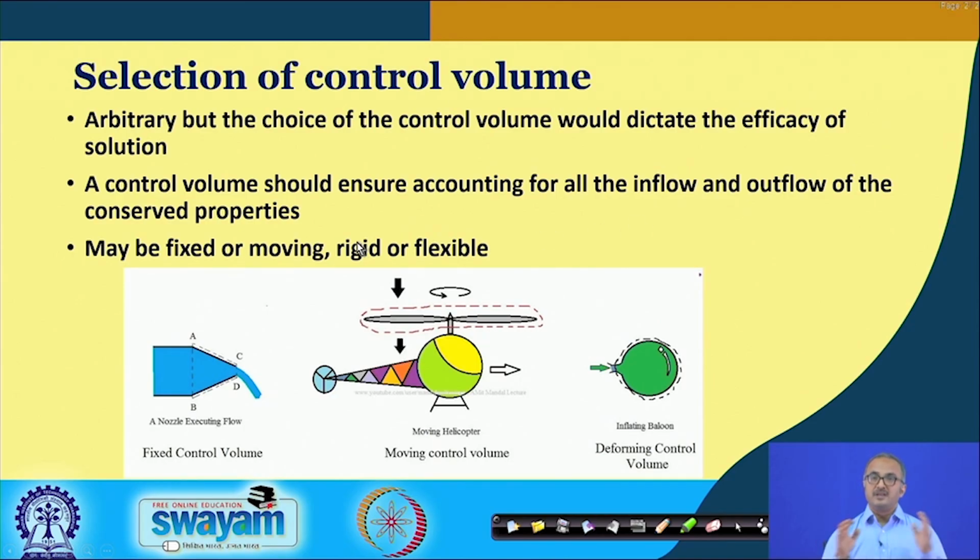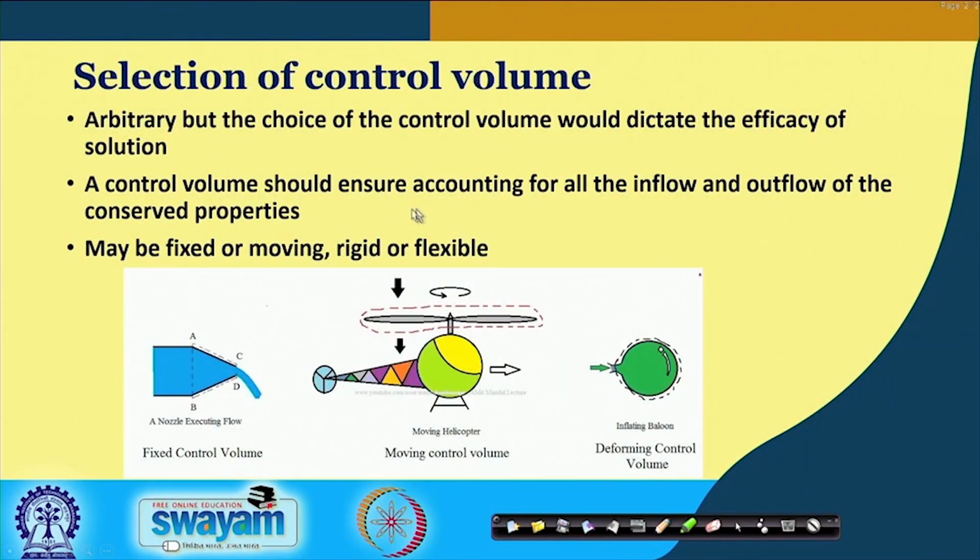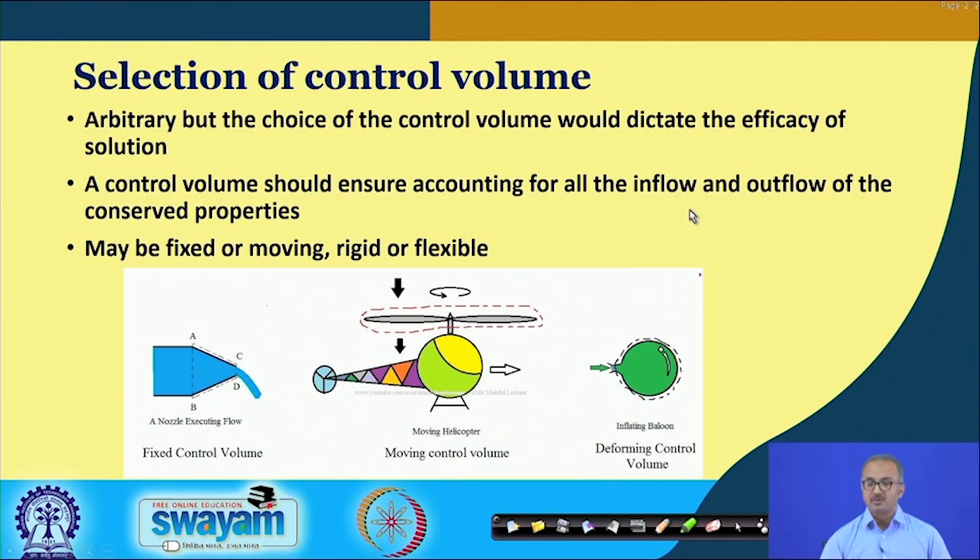That means, if an energy balance is to be made, we have to make sure that the control volume is made in such a manner that it cuts the surfaces in a way that we can take into account all the incoming energy and all the outgoing energy. If this control volume does not do that, then we will not be able to make the proper balances. So, that is what it says: a control volume must ensure that it can take into account all the inflows and outflows.